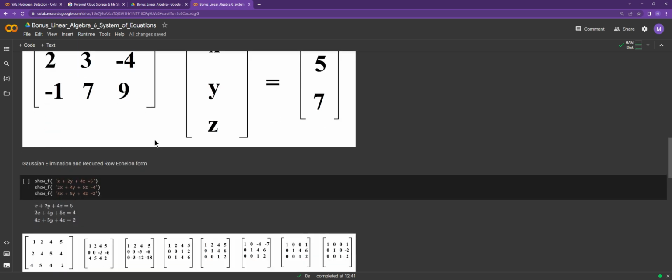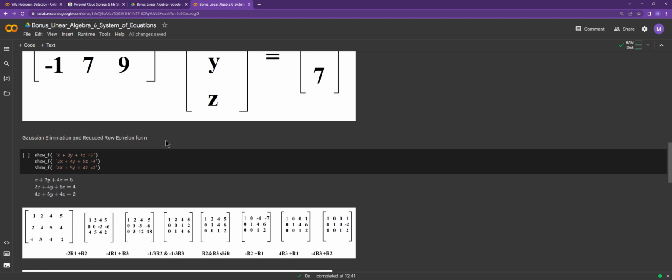Just as a reminder, in case you have forgotten it, we basically perform procedures row-wise on the row elements of these matrices, so that we can get into a reduced row form.